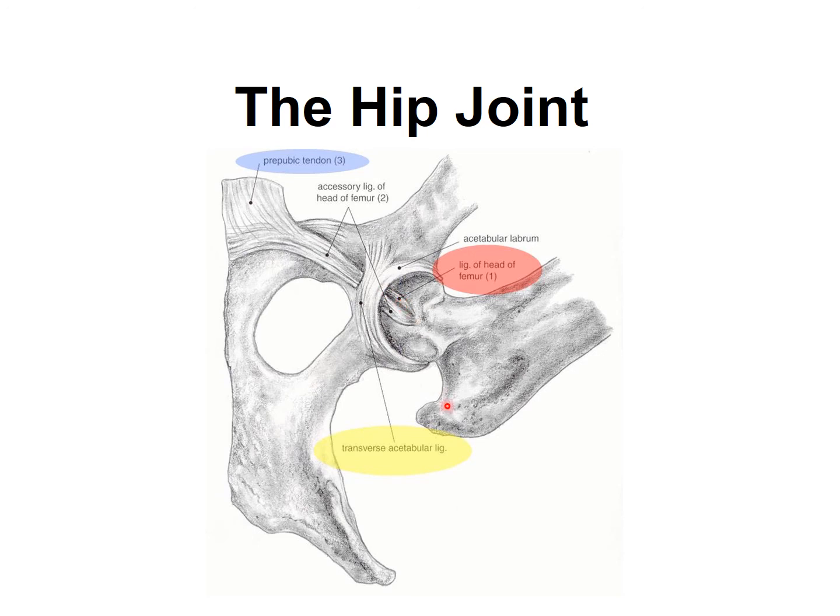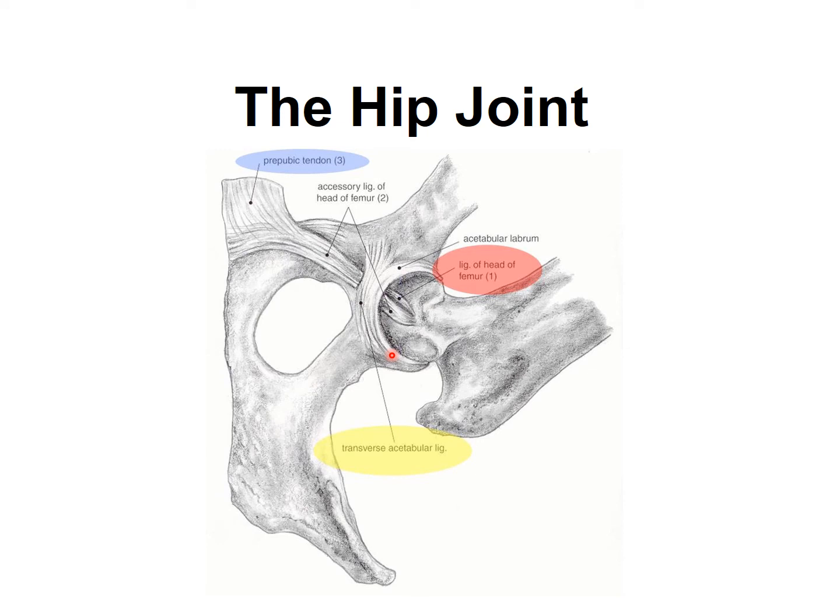Number three is the transverse acetabular ligament. Okay, so how does each of these structures participate in the strengthening of the hip joint?